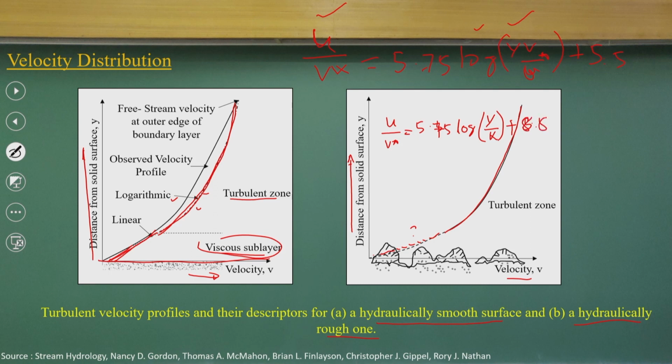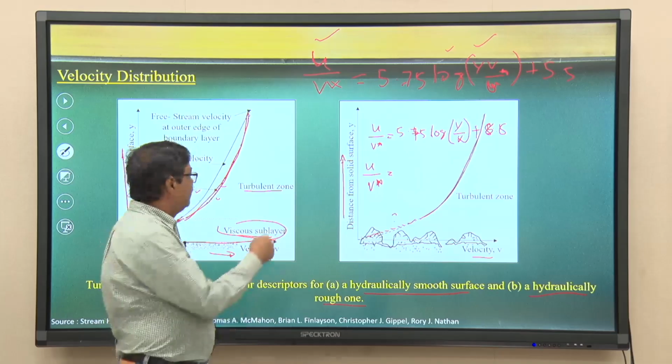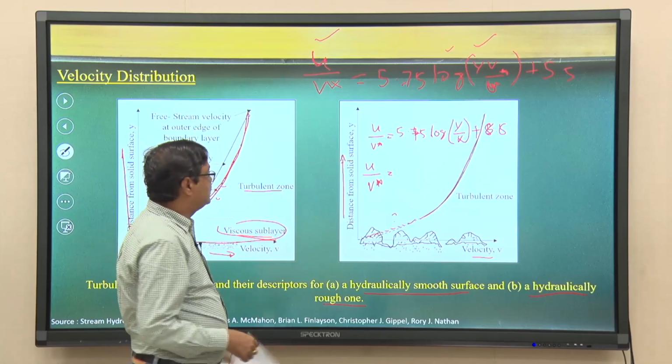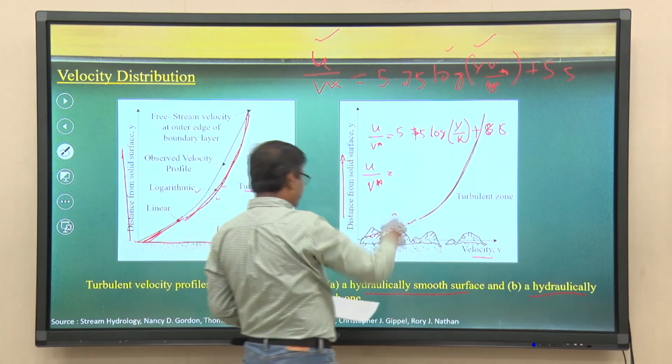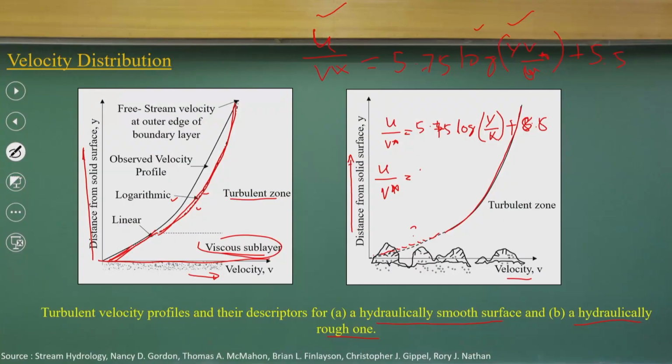Or we can simplify it: u by V star, the ratio between flow velocity and shear velocity. If I simplify these equations, we can get 5.75 log 30 y by k.